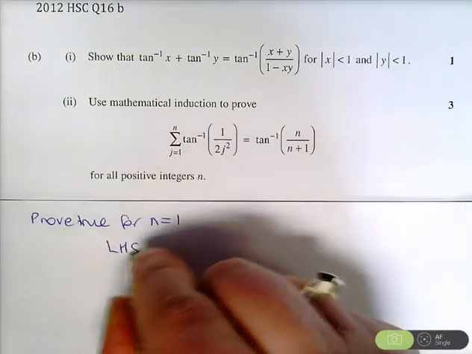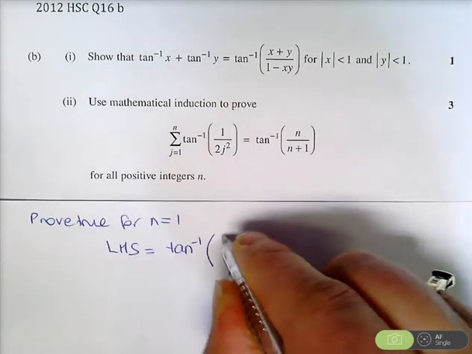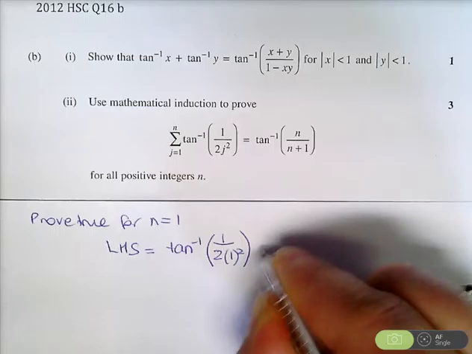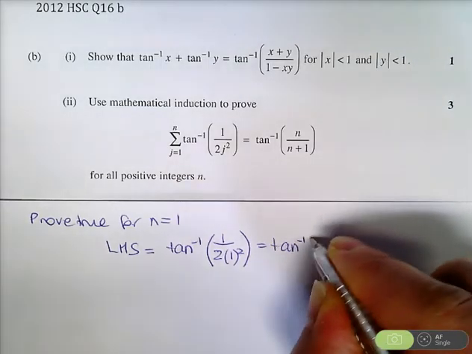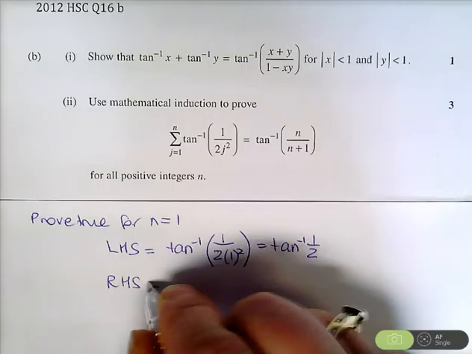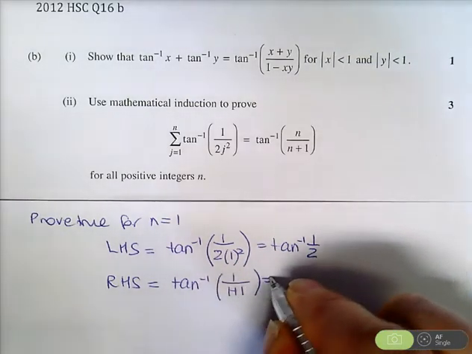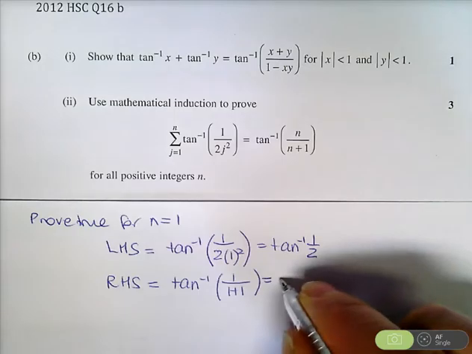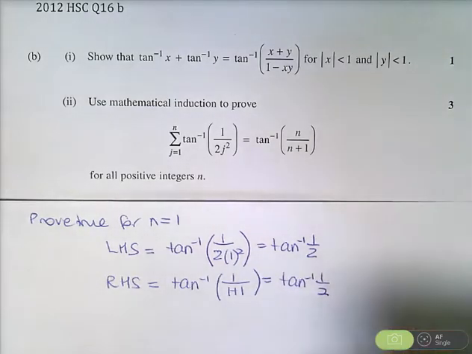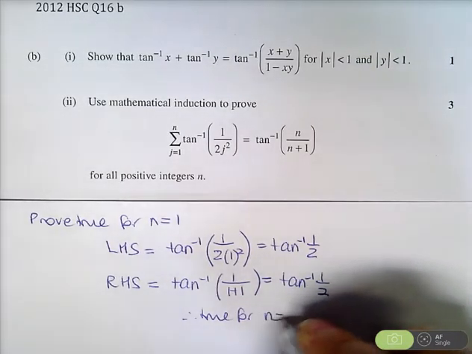So the left hand side equals the inverse tan of 1 over 2 times 1 squared, which is the inverse tan of a half. And the right hand side is equal to the inverse tan of 1 over 1 plus 1, which is equal to inverse tan of a half as well. So therefore true for n equals 1.